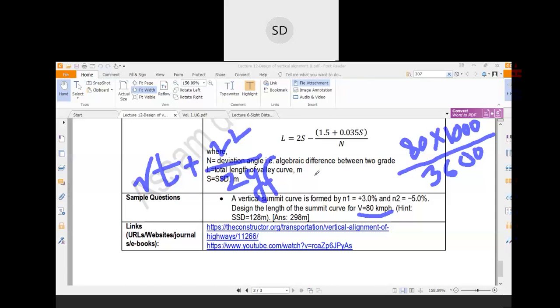T was the perception reaction time, and the value of t is 2.5 seconds. The value of g is 9.81 and the value of f is 0.35.